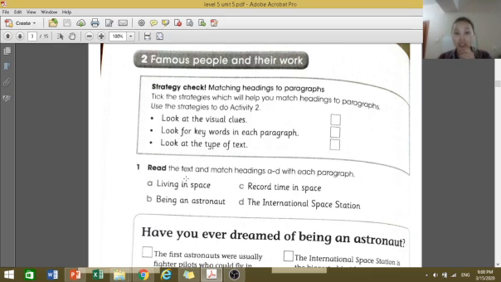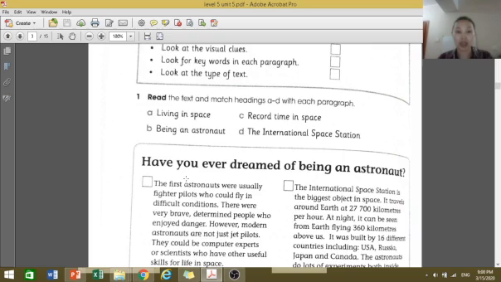Alright, so let's start with the first one, A. We're going to read the text and match the texts to the right headings. The headings are here: living in space, being an astronaut, record time and space, the International Space Station.